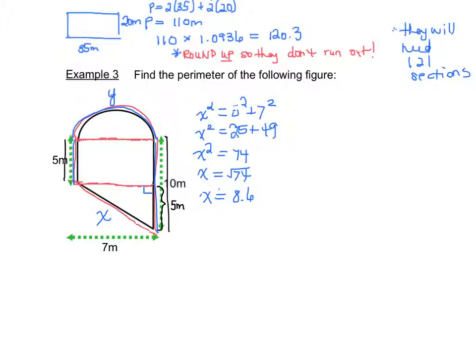Now, if we're finding the length of y, remember that y is equal to half the circumference of a circle with a diameter of 7 meters. The full circumference would be pi times diameter, so in this case, pi times 7, approximately 22 meters. So y is approximately 11 meters, in other words, half the circumference.